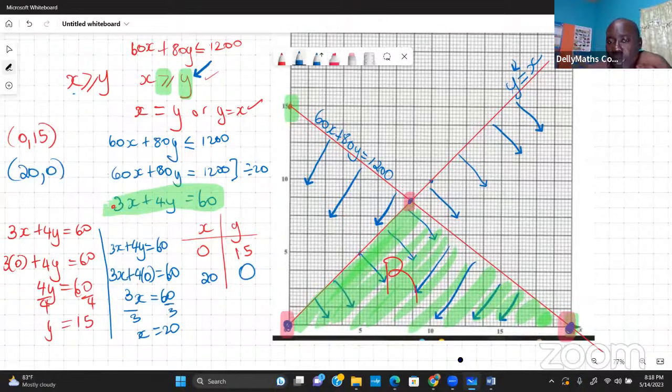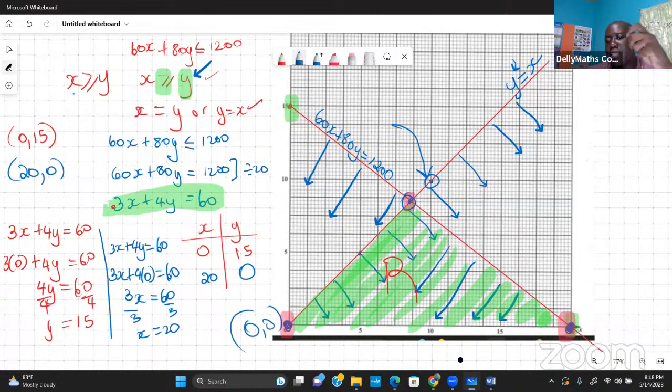Now you can see here that we're talking about x plus y. Look at this number. This spot is less than 10, because 10, 10 is right here. So it's maybe 9 point something, 9 point something. This one is 0, 0.